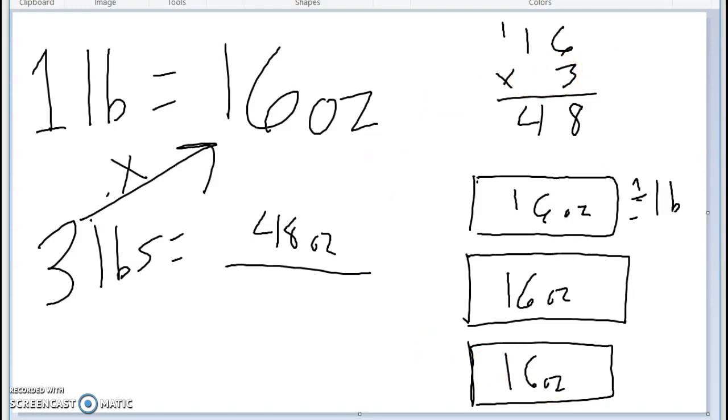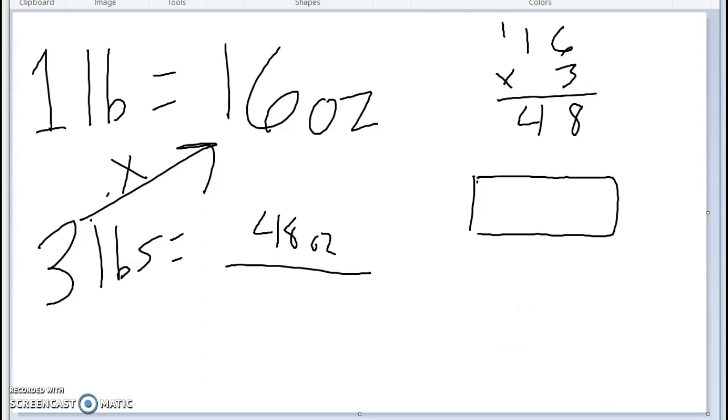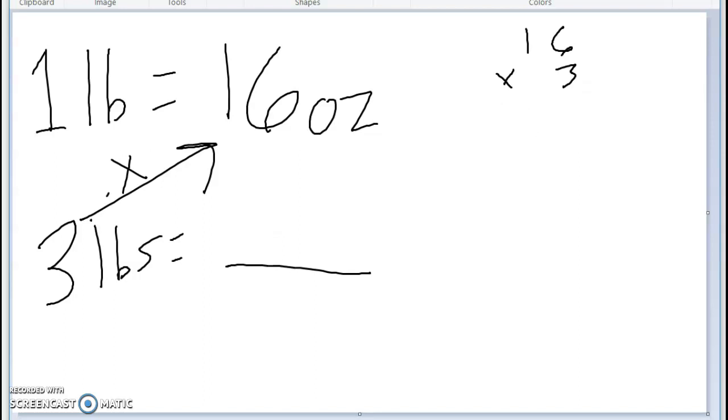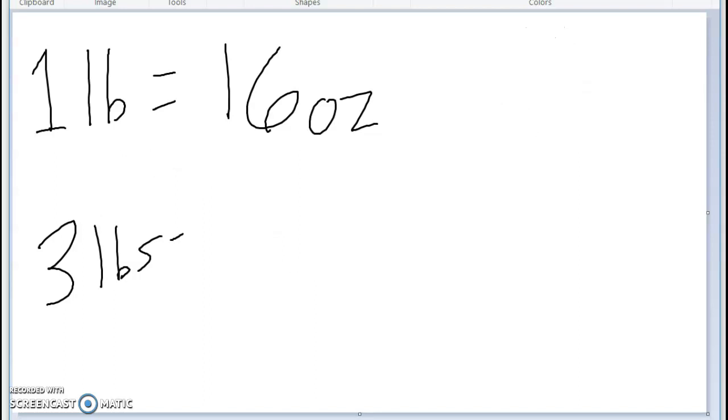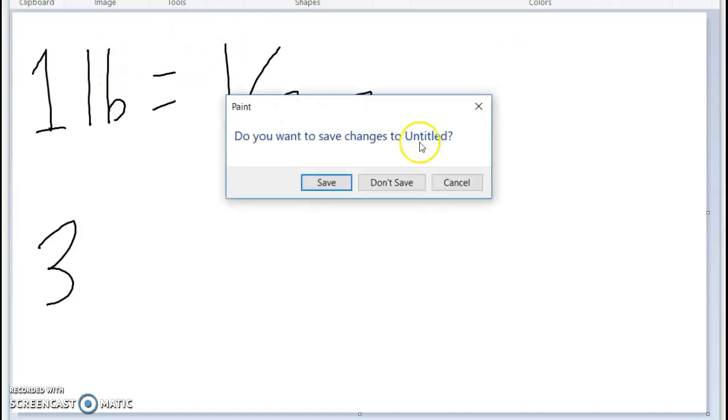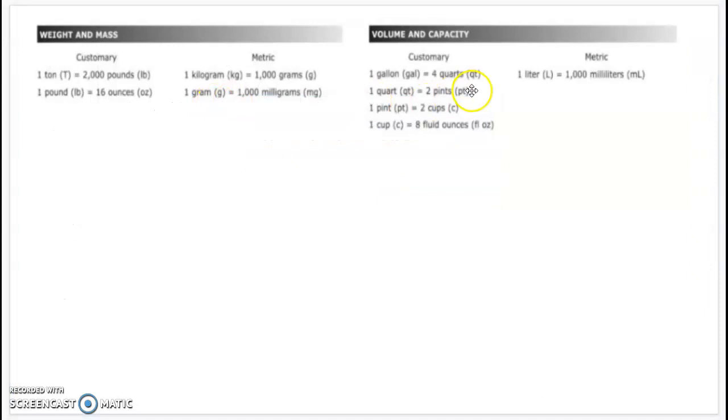I'm going to delete all this. I know there's a quicker way, but I forgot how to do it. So let's look at another one. Let's say 1 cup is 8 fluid ounces.